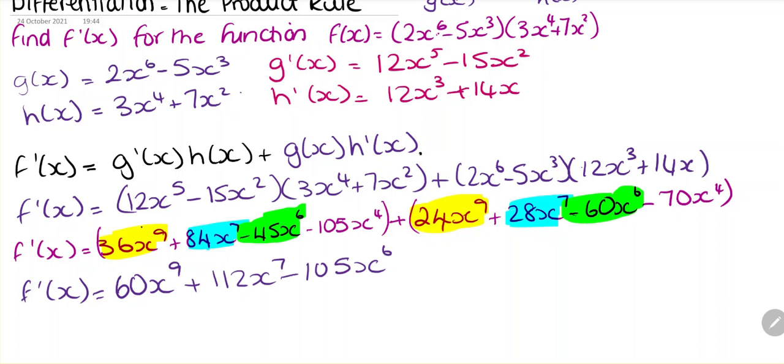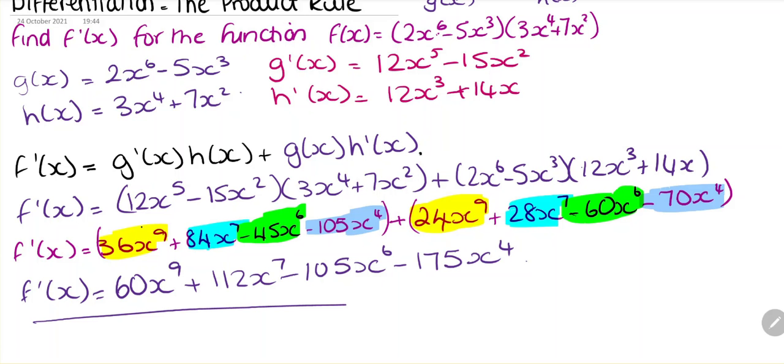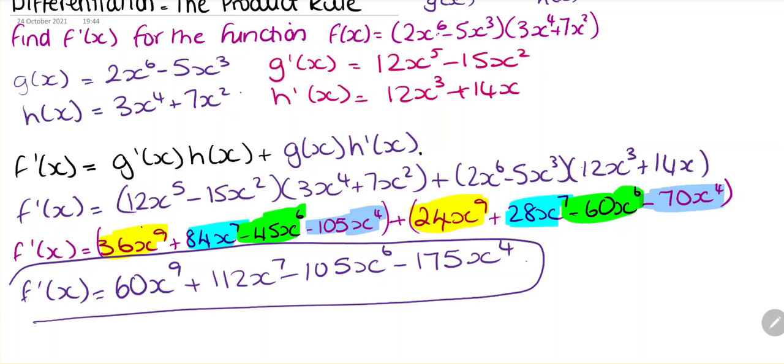And then finally we have x^4. So negative 105, negative 70. So this is going to be negative 175x^4. And there is our final answer.